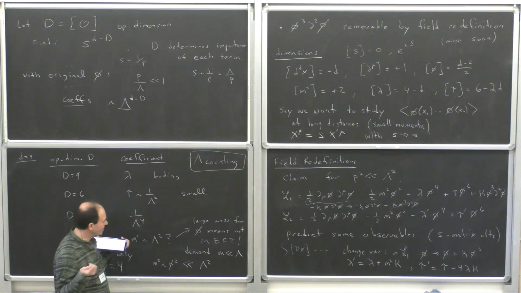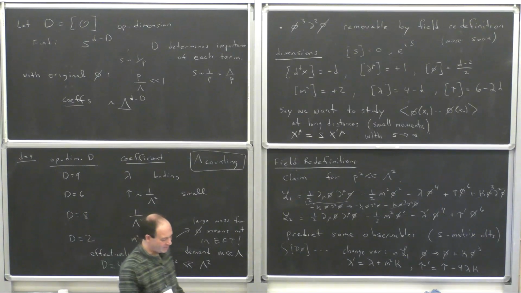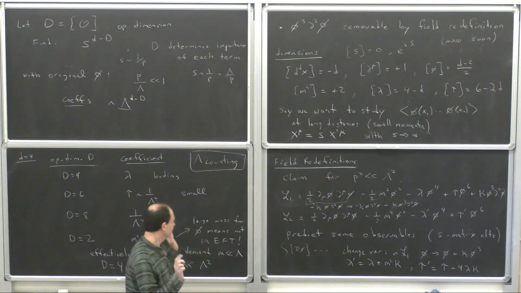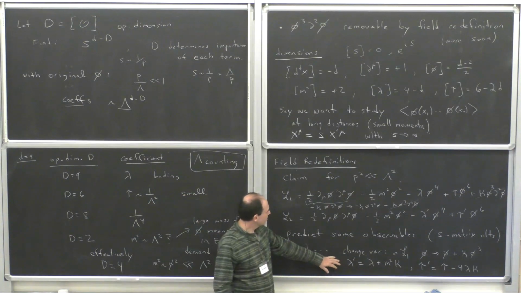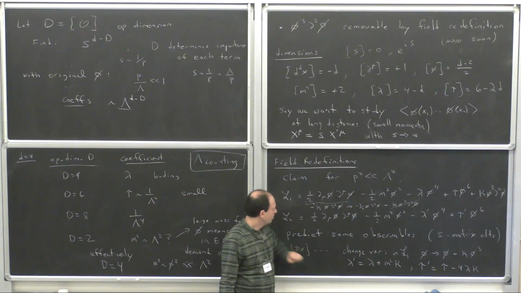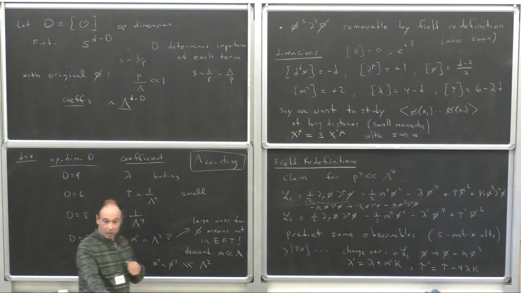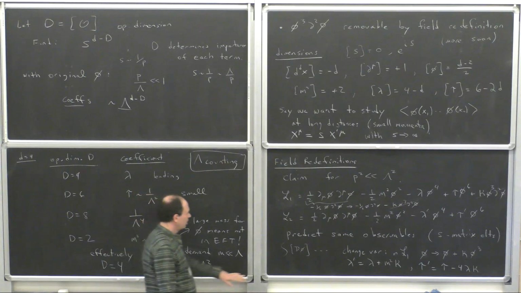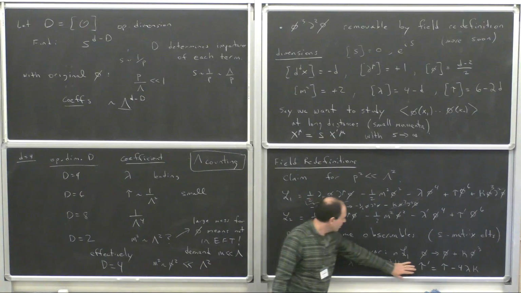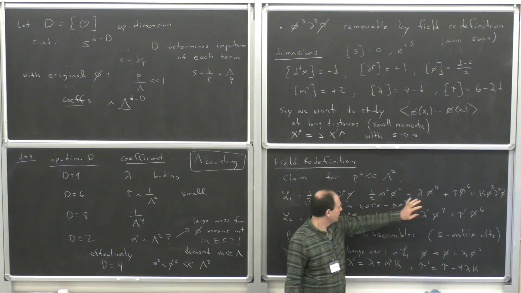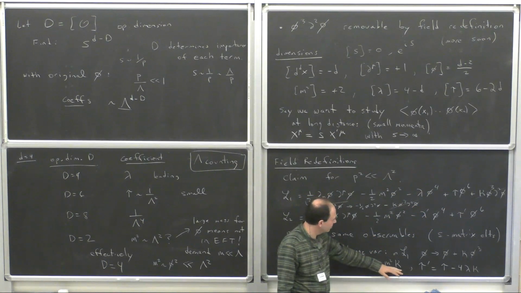If you're not using the same variables, the same fields, you might have different predictions for the couplings of the theory when you compare to experiment. And sometimes there's different ways of organizing the physics that lead to relations between coupling constants in one basis or another. But in these two choices, the lambda primes here and the tau prime here are related to the lambda and the tau in the original theory by a shift that involves the kappa.